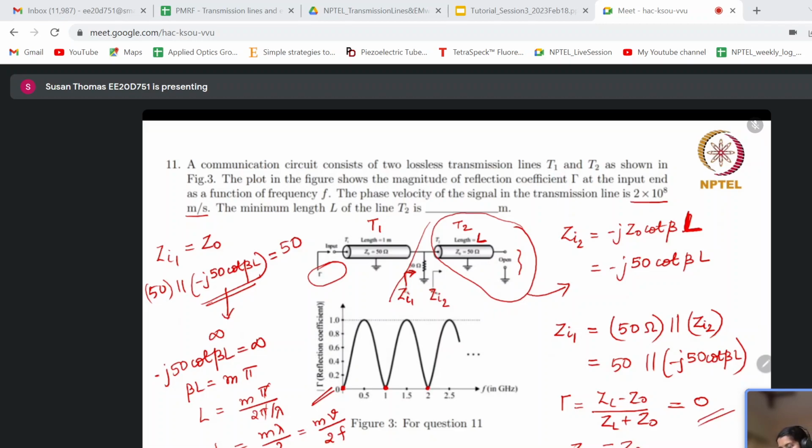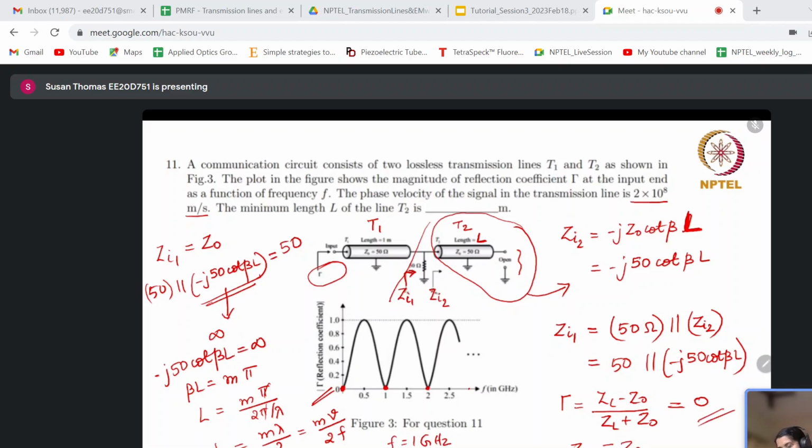So let us take a look at the graph where the reflection coefficient goes to 0 at 1 gigahertz, 2 gigahertz, 3 gigahertz, etc. Say the first is f equal to 1 gigahertz.